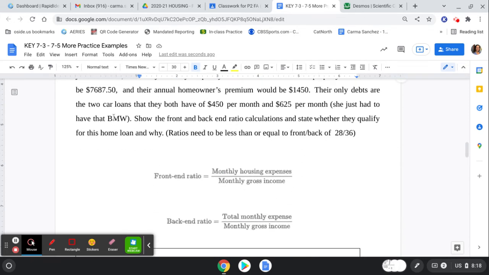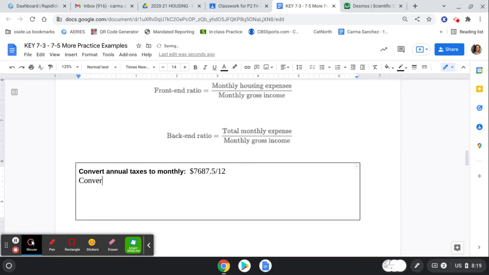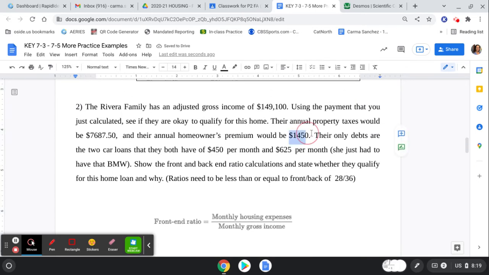Their annual property taxes are $7,687.50. So we need to convert annual taxes to monthly by dividing that by 12. And then we need to convert the annual homeowner's insurance into monthly. And that was $1,450 for the year.